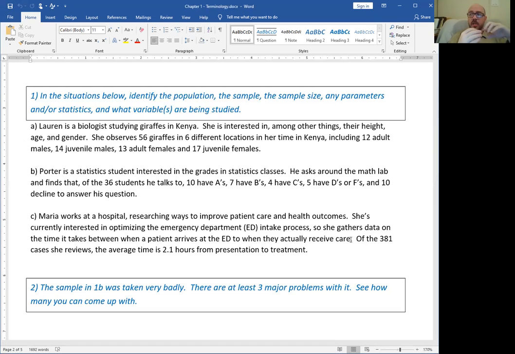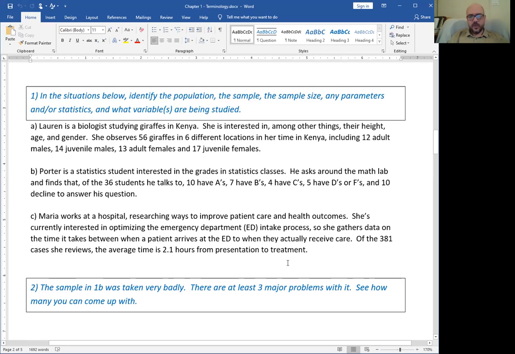She's interested in improving how quickly patients get care. And we're talking about all the patients going to the emergency department. So that's her population. For her sample, it says she reviews 381 cases. So that's her sample. The 381 cases she reviews is her sample. And 381, of course, is the sample size.